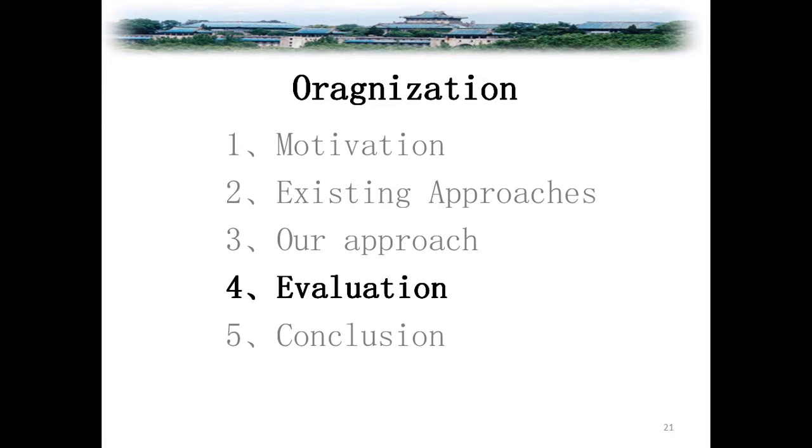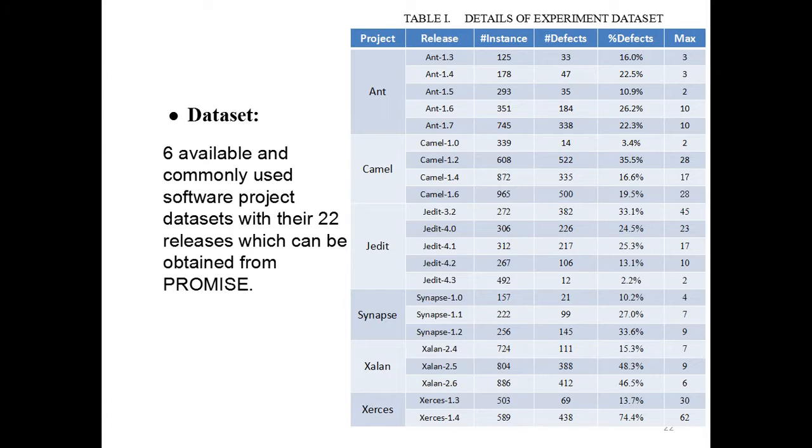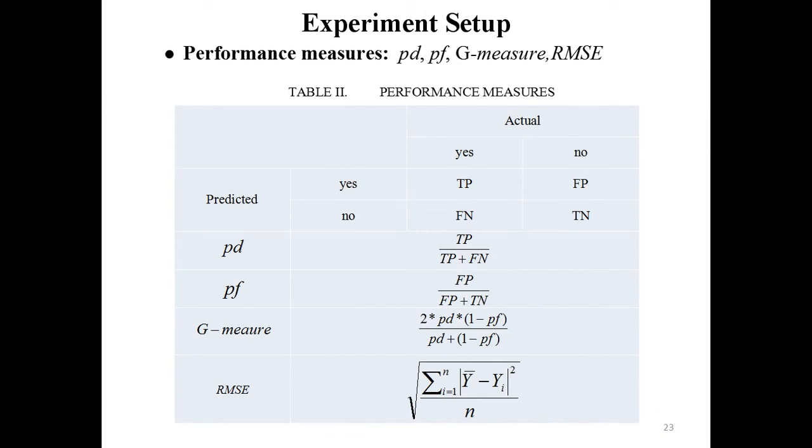Then we talk about the details of our experiment. In this experiment, we employ 6 available and commonly used software project datasets with their 22 releases, which can be obtained from PROMISE. We employ root mean square error (RMSE) to measure the performance.